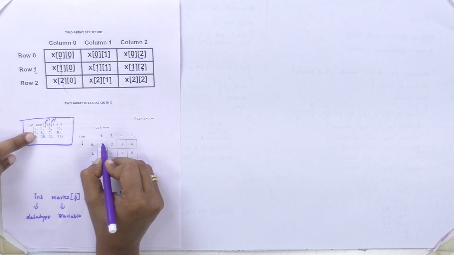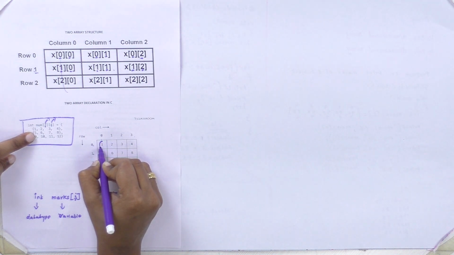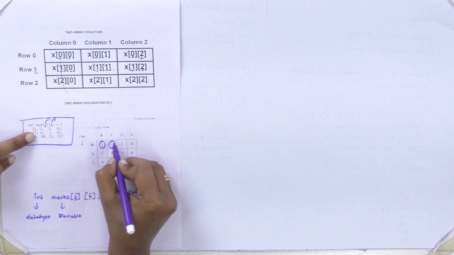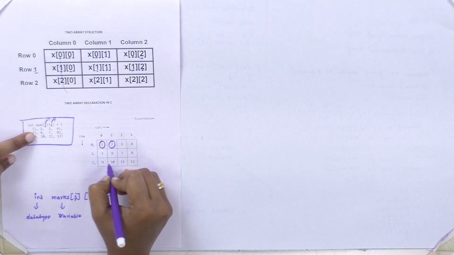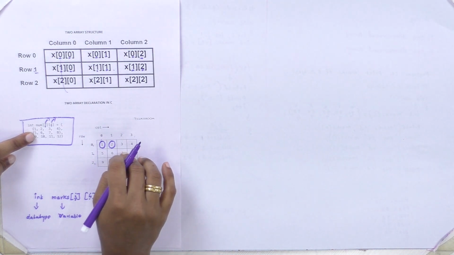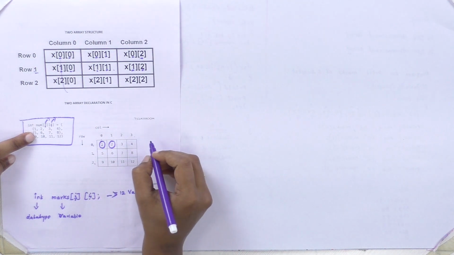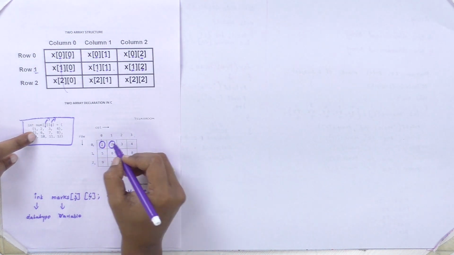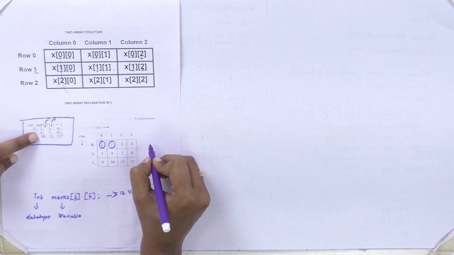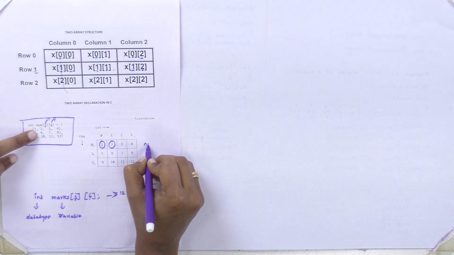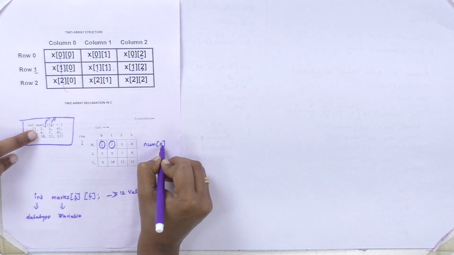So if you want to access these values, 1 2 3 4, these are all values of the array. If you want to access this one element by using an index value, the index value will be num of 0 0.